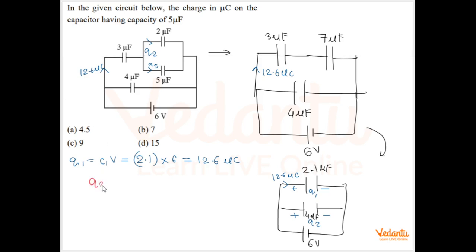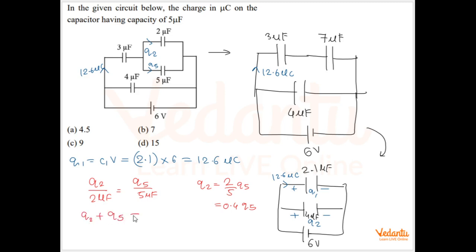The potential difference Q2 by 2 microfarads will be the same as the potential difference Q5 by 5 microfarads, which gives me Q2 is equal to 2 by 5 Q5, or I will just write it as 0.4 Q5.